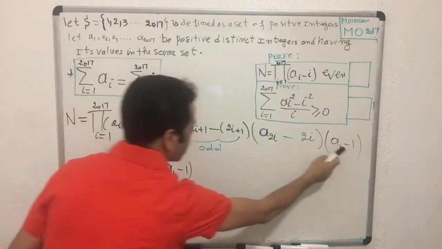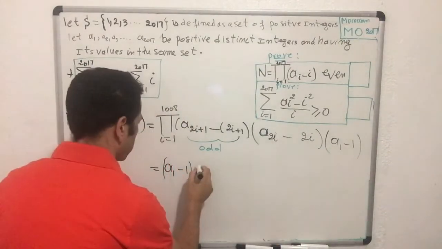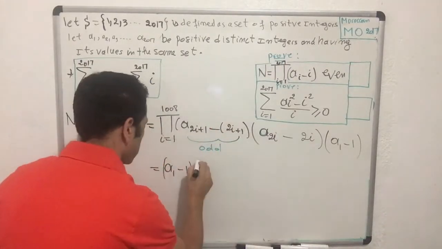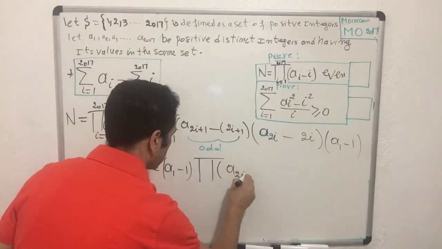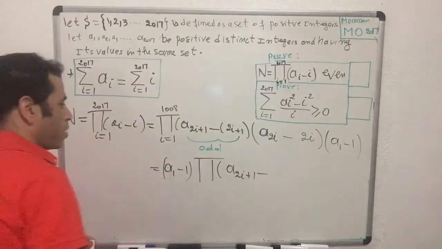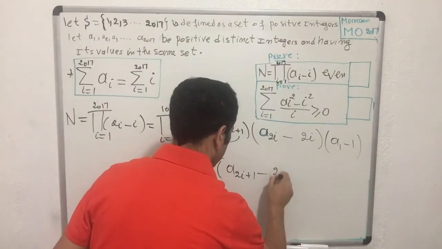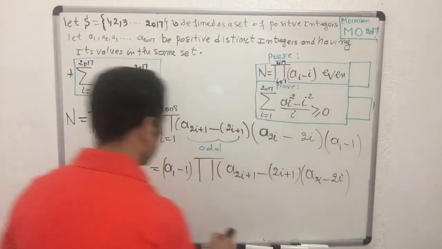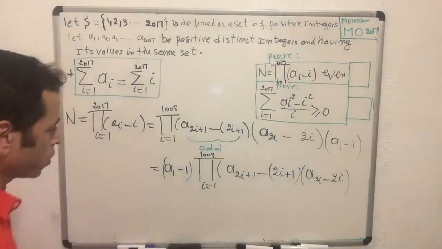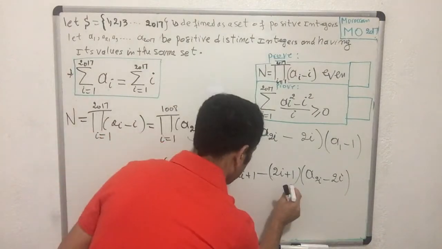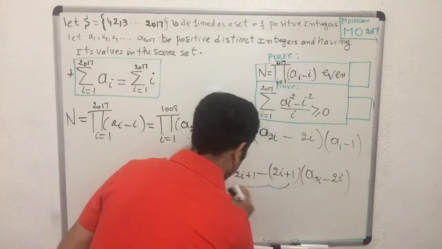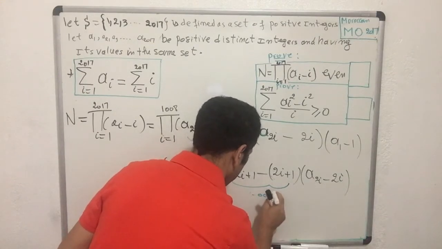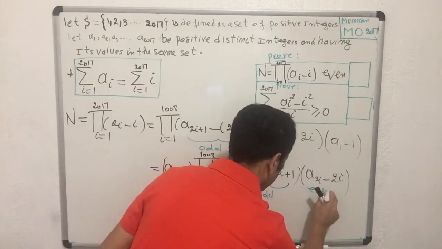I can take this a1 minus 1 outside of the product because it is treated as a constant. Okay. So we have this is odd number, this is the even number.